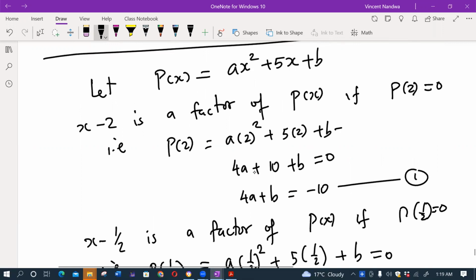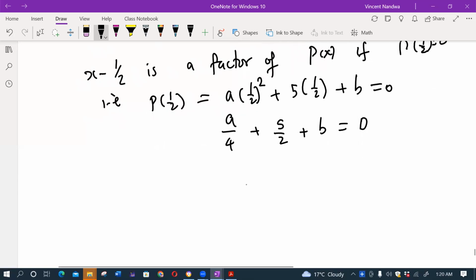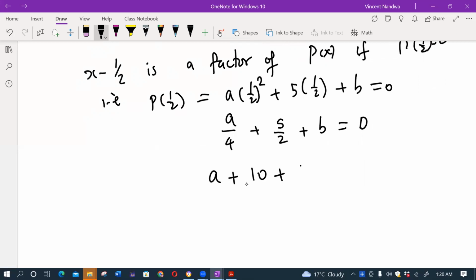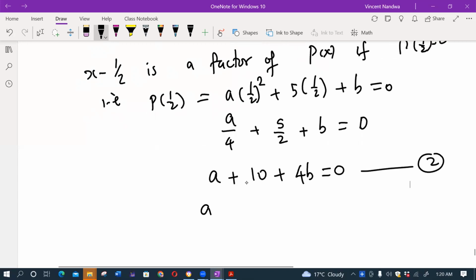So this will be a over 4 plus 5 over 2 plus b equals to 0. So multiply through by 4. So we'll have a plus 10 plus 4b equals to 0. So call this one equation 2. So a plus 4b equals to minus 10 is the same equation 2.